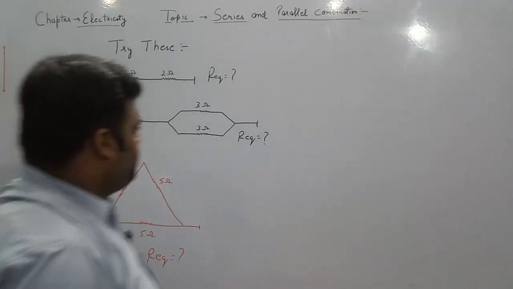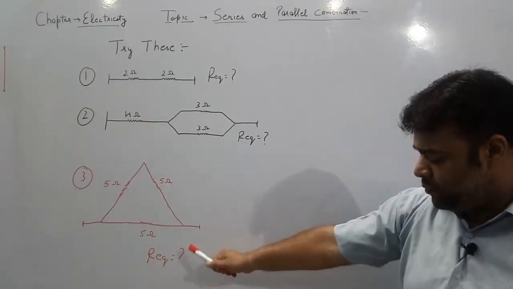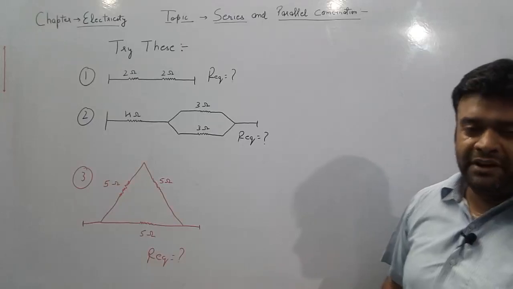Three resistances of 5 ohm are connected in a triangular circuit. We have to find equivalent resistance in this combination.